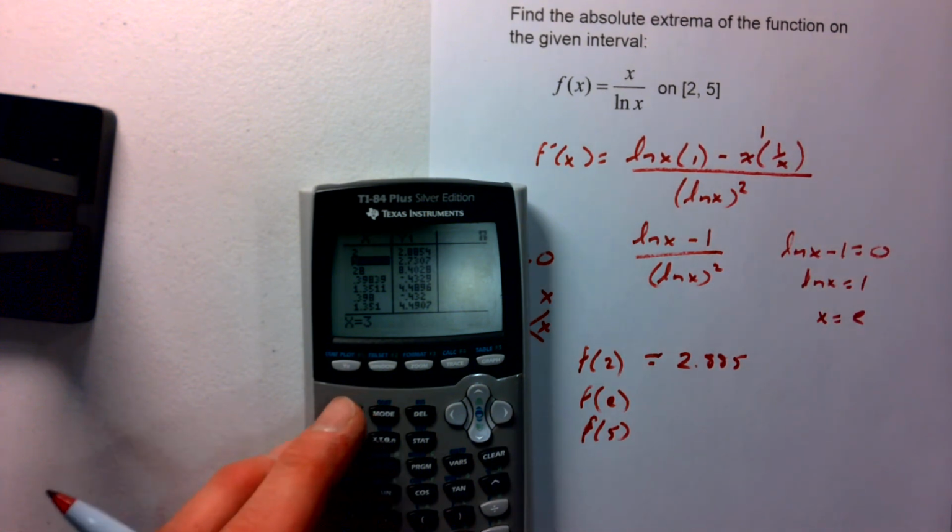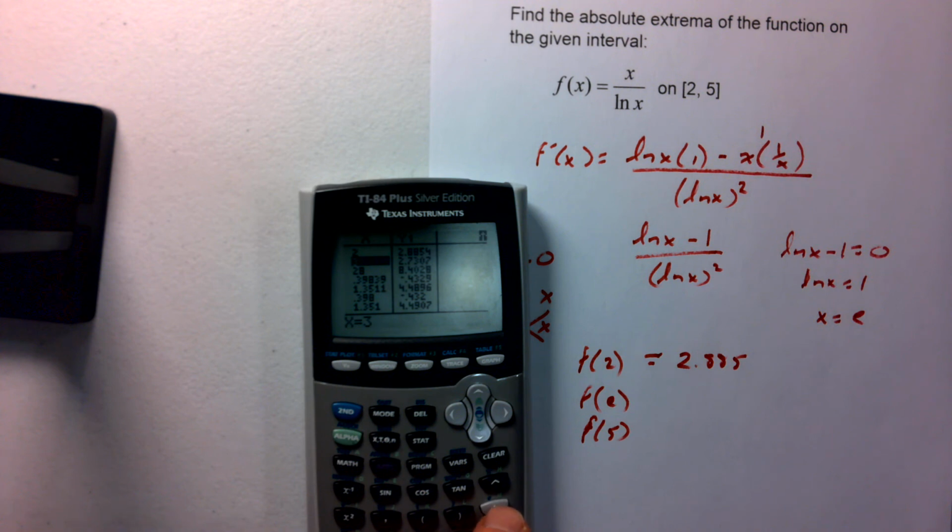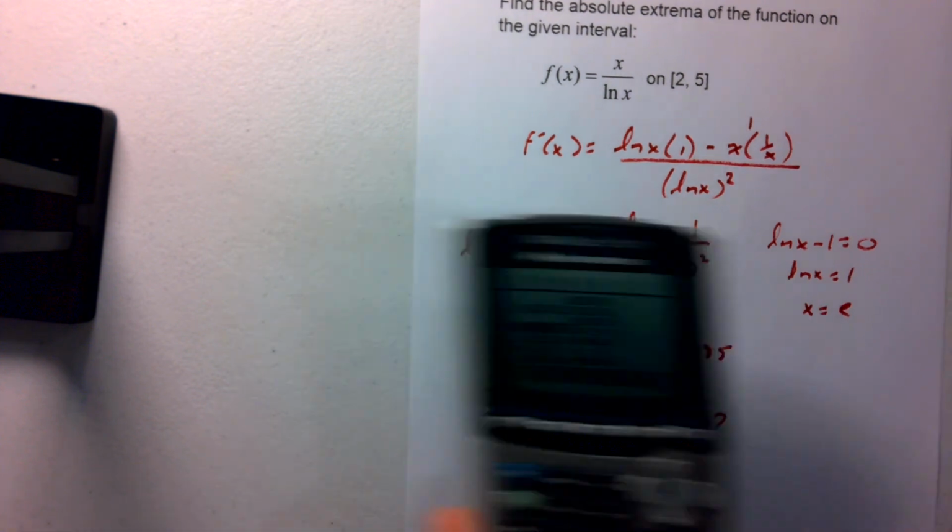To do that, I can do my second, and then my division button is actually just an e. We don't have to do second natural log. Second natural log gives us e to a power. Second division just gives us that e value. And that gives us, oh, look at that, that gives us e, doesn't it? And then plugging in 5, we end up with 3.107.